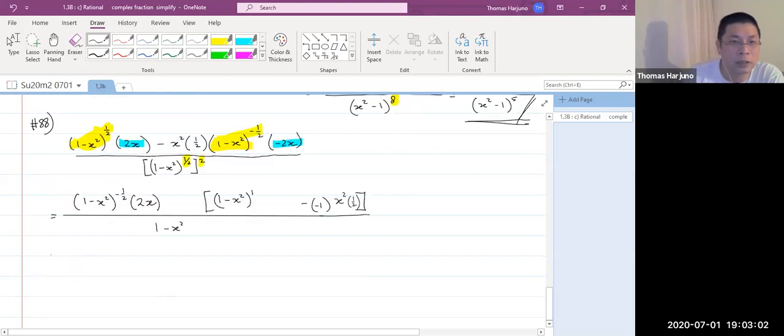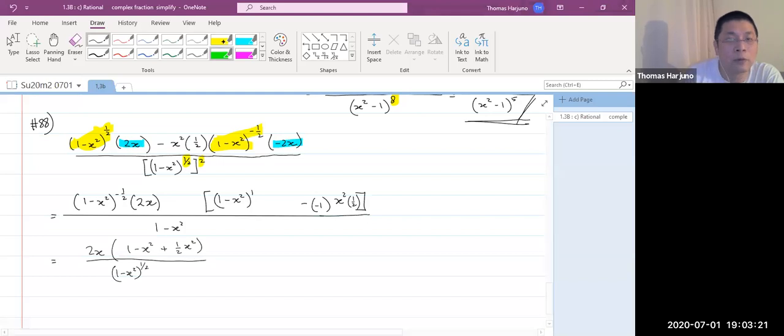Let's make it nicer now. This is 2x times 1 minus x squared plus 1/2 x squared over 1 minus x squared to the power of 1/2. That's the one I get from above.